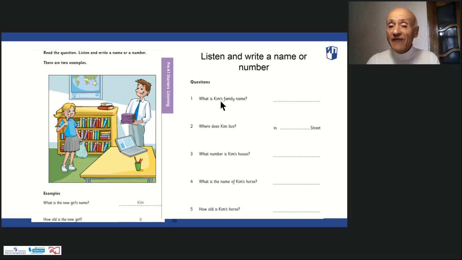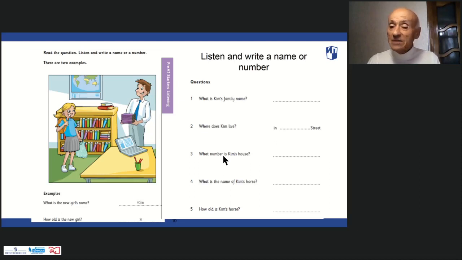What is Kim's family name? Where does Kim live? In what street? Only one word answer. This is an instruction, and the children should be able to understand the instruction. One word answer, not 2 words, and follow it.